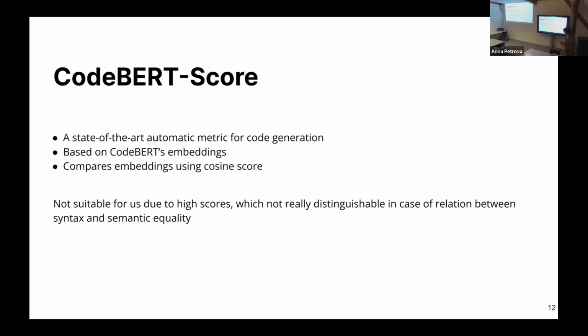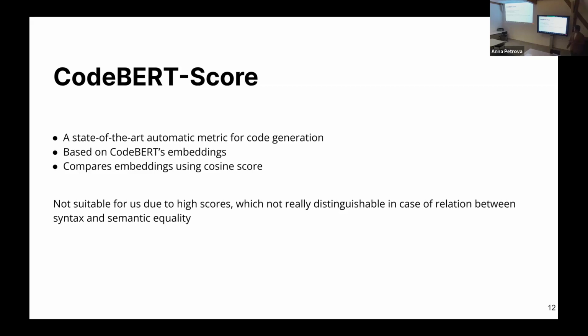Okay, yeah. So there was a question in the chat about vector embeddings. After we implemented chrF, a paper about CodeBERTScore just came out, and we wanted to see how it looks in our experiments.